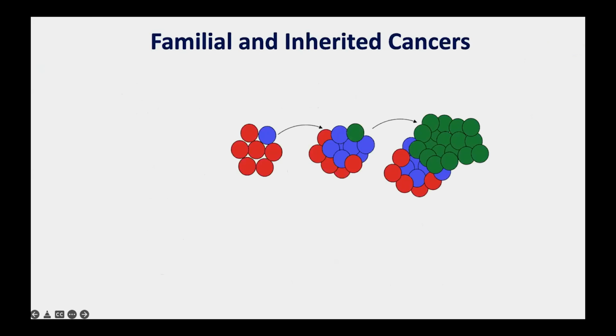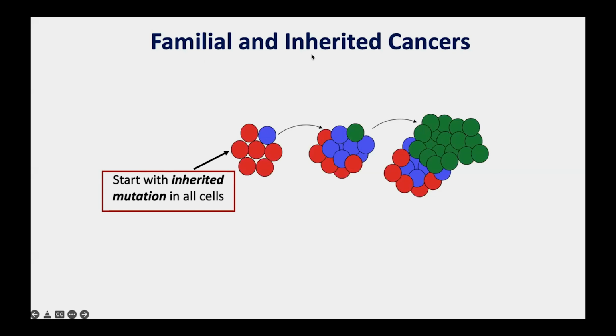So I'm illustrating this here. Recall from that other image where the circles were the cells, and there was a white cell that was a normal wild type cell. These red cells are like the red cells in that diagram that have the first mutation. In this case, for a familial or inherited cancer, individuals start with one of these mutations in all the cells of their body, and so they have a head start in this pathway.